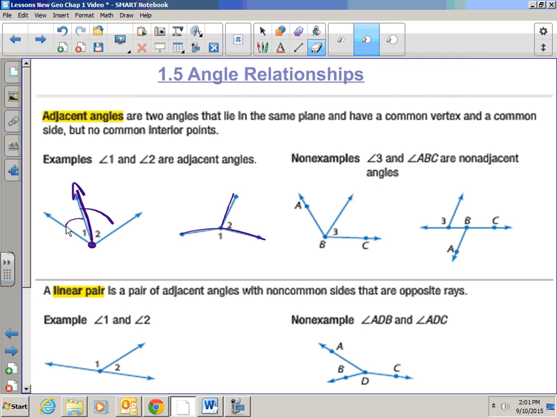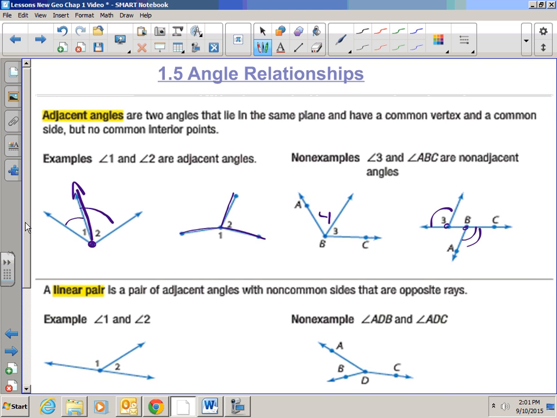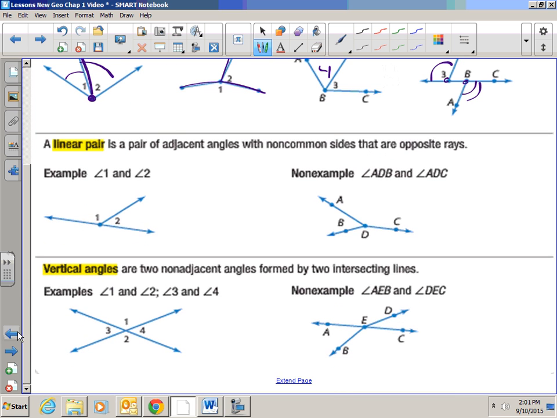However, angle 3 and angle 4 would be adjacent angles. Here in this case, angle 3 and angle ABC are not adjacent angles because they do not share the same endpoint.